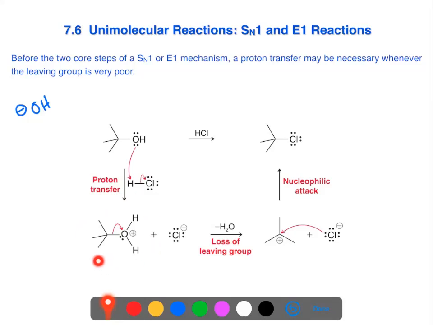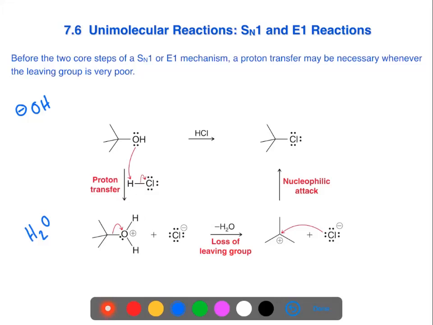So the oxonium now presents a different scenario. Now the leaving group would be a molecule of water. And so a water molecule is a much better leaving group than the hydroxide because, A, it's a neutral species and, B, a much weaker base.